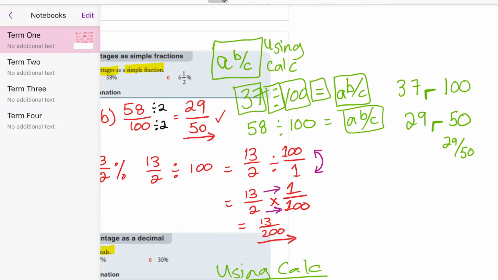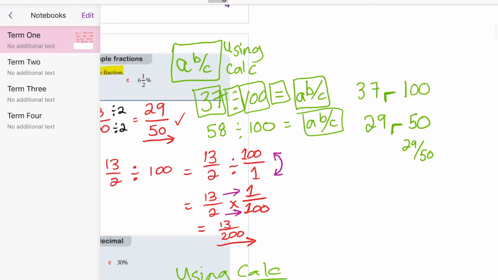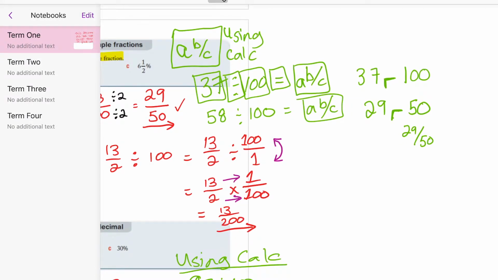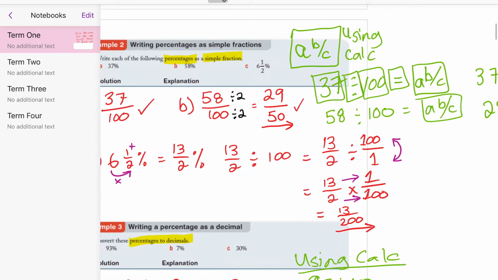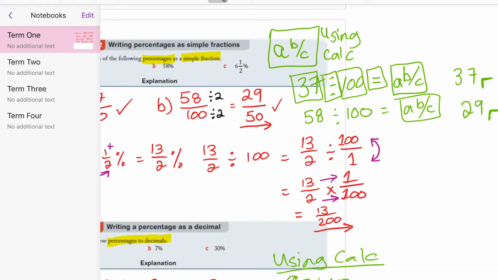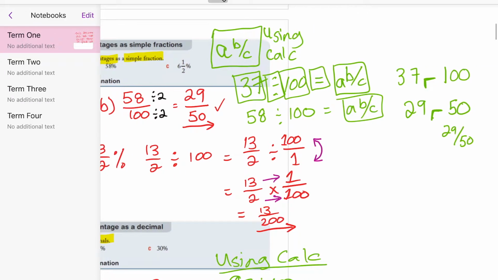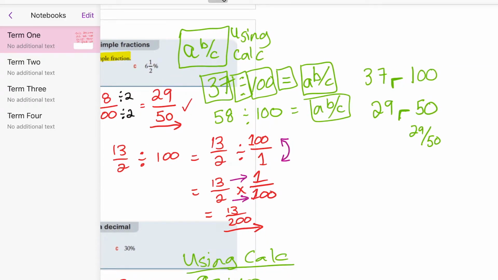With C, there's a few more steps involved depending on whether you're going to convert it to a decimal or not. But I'm probably going to stick with it being 6.5 as a percent, okay? Remember, when you're changing it out of a percent into a fraction, you're always dividing it by 100. So this is what I would do if I were you.